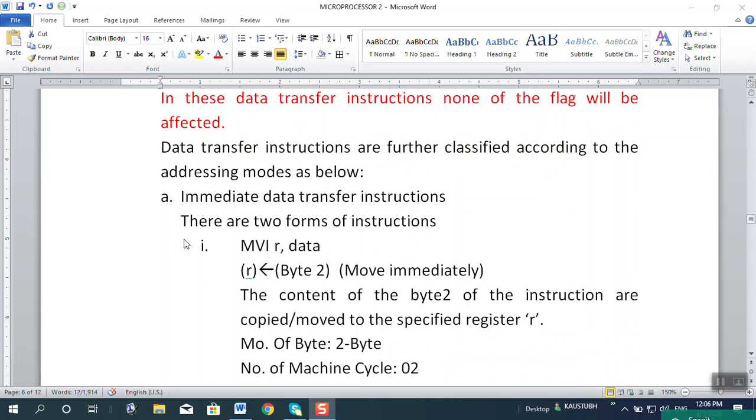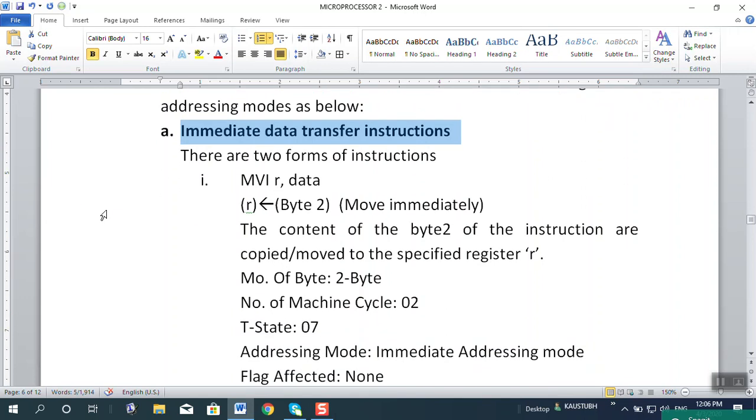So among the 5, we can have only 4 addressing modes in data transfer instructions. The first one is immediate data transfer instruction, according to the immediate addressing mode. Under this category, there are 2 forms of instruction.